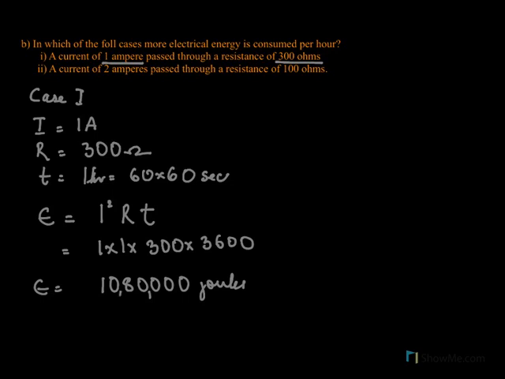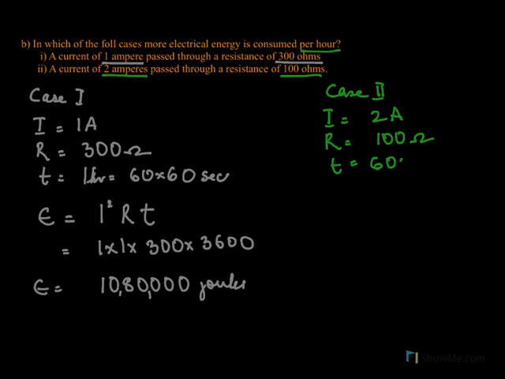Now for the second case, 2 amperes pass through 100 ohms. So in case 2, current is 2 amperes and resistance is 100 ohms. The time is the same, 1 hour, which is 60 into 60 seconds. Same formula, I square R T, because current is given.